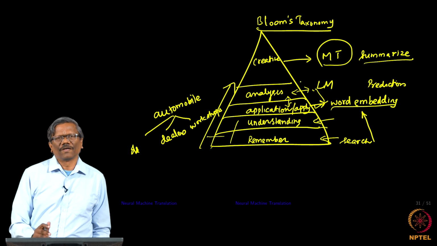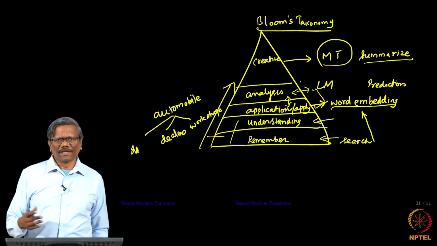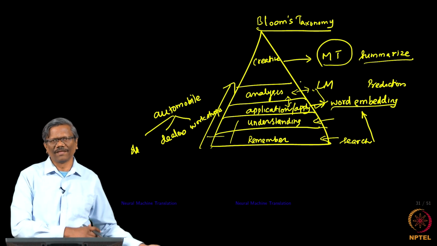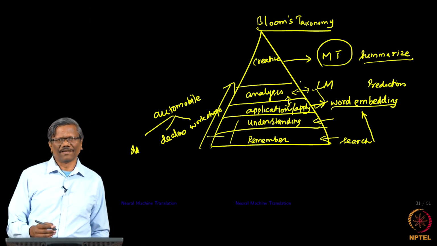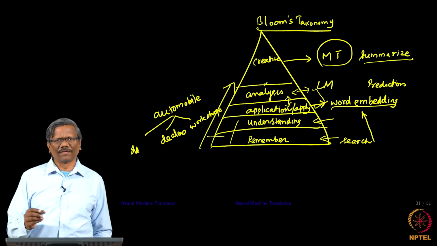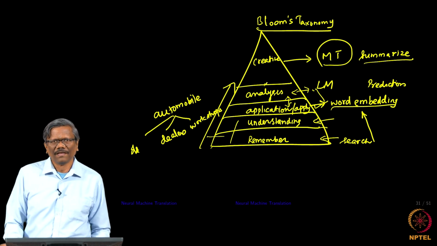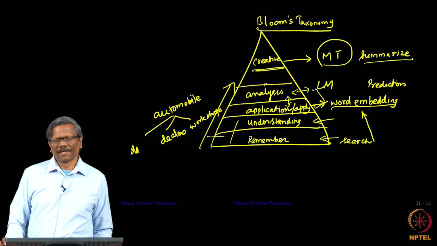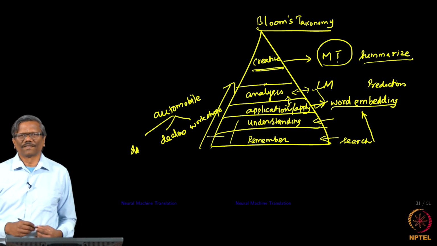And then later in terms of language modeling, it tries to predict the next word based on what it has seen earlier. It is similar to the analysis aspect, maybe as a small or thin boundary between the creative and the analysis side. But the creative is very clear with respect to machine translation and summarization.